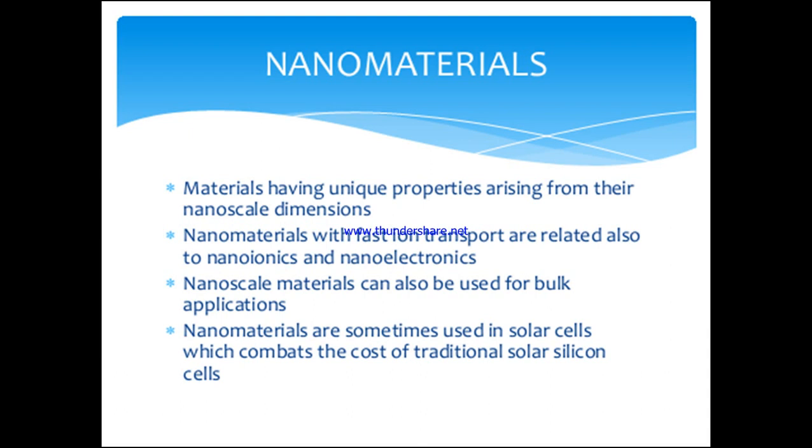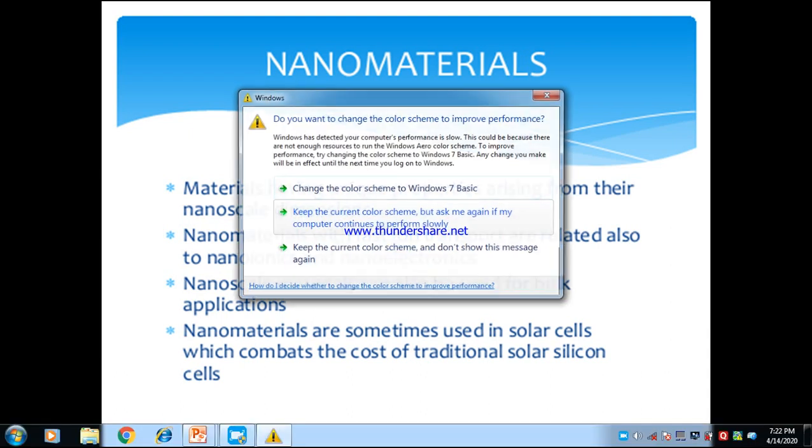When we see the surface to volume ratio, we see that the material is having more surface. That is, the material with the smaller size or nanoscale dimensions will have more strength as well as properties here.